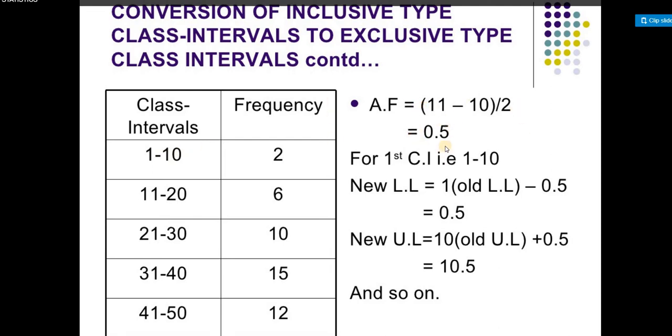Then you need to subtract 0.5 from the lower limit and add 0.5 to the upper limit. Then you will get the new class intervals.